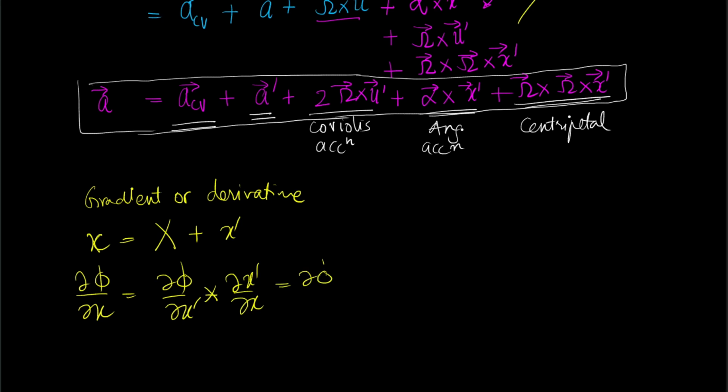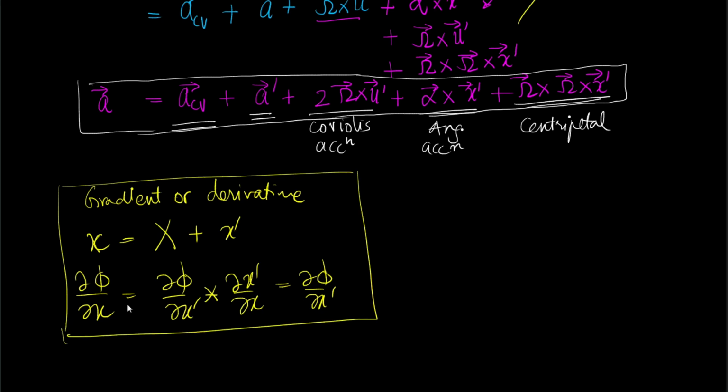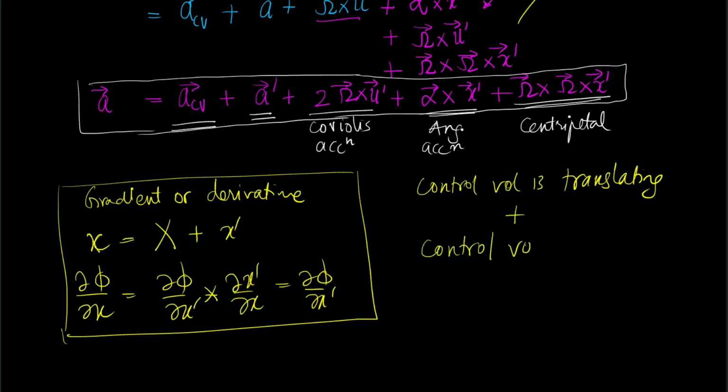So it is the same as del phi del x prime. So the gradient or derivative does not change, but the time derivatives keep changing, because the control volume is translating and the control volume is rotating. If you account for these two facts, you obtain such an expression for the acceleration.